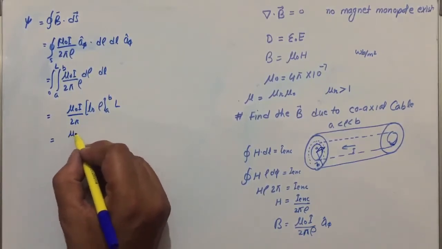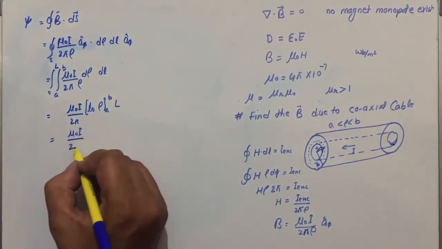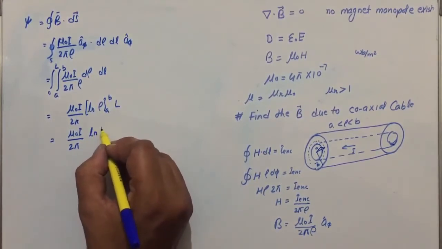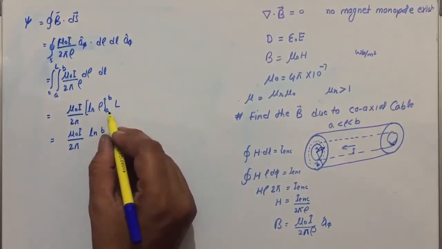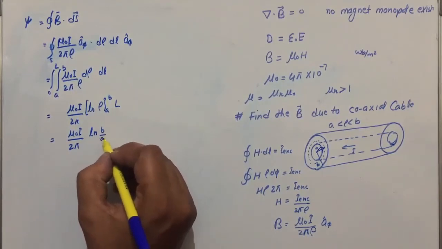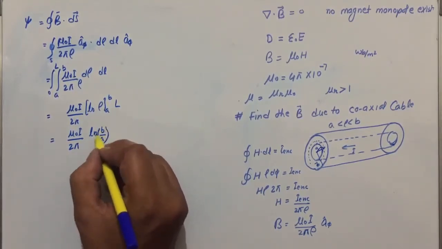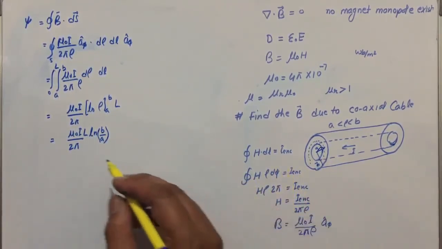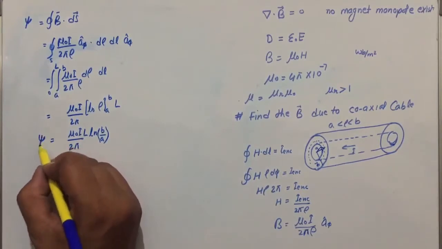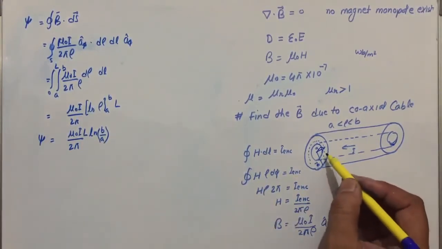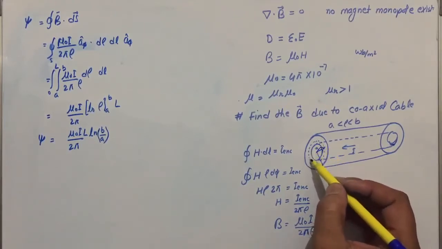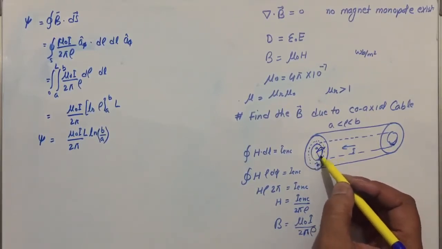After simplification we have mu naught I over 2 pi natural log B minus log A, so it will be ln B by A times the length of the conductor. So this is the total flux through the path which includes the current I.